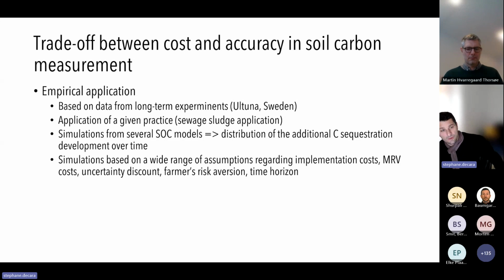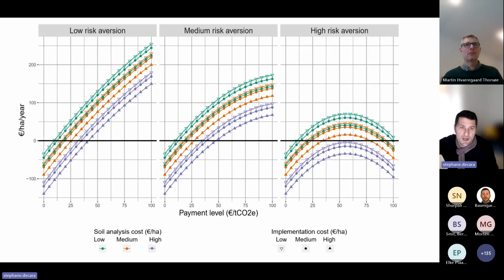The results for the carbon sequestration development over time were obtained from four different models that simulate the accumulation of soil organic carbon. And we did a lot of simulations based on a wide range of assumptions regarding the cost of implementing the practice, the MRV cost, the uncertainty discounts, the risk aversion, and the time horizon.